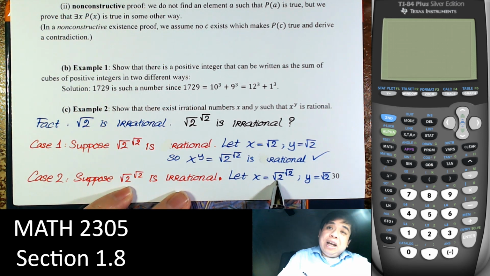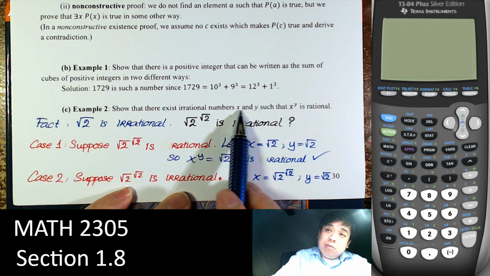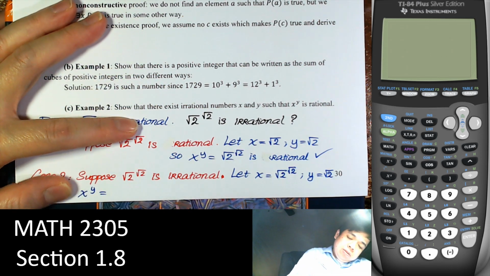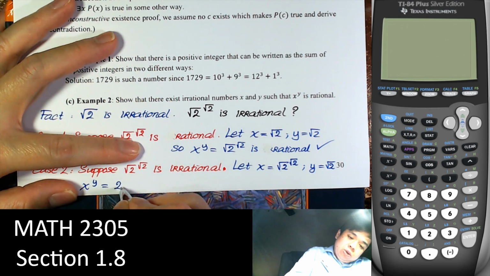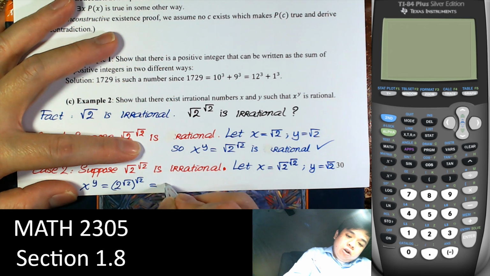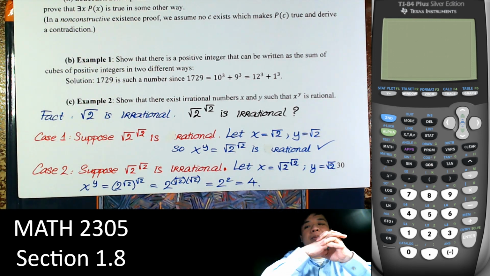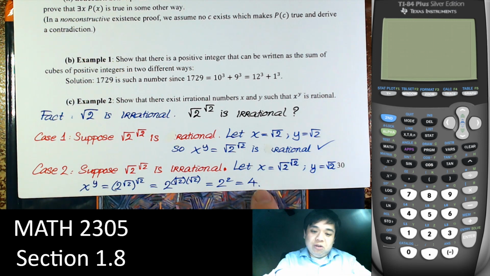Now we assume that it is irrational, so we have both of them irrational numbers here. So what is x to the y? X to the y is square root of 2 to the power square root of 2 times square root of 2, which is square root of 2 to the 2. A power to another power, we multiply them. So this is a rational number.